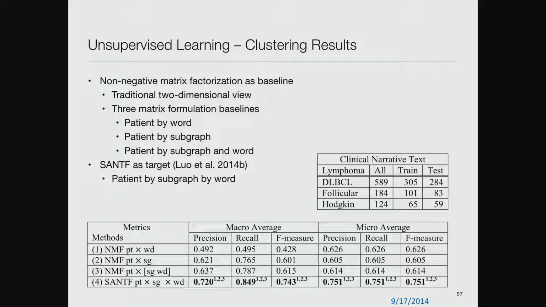So if you look at his technique, which he called SANTF, the precision and recall are about 0.72 and 0.85 for macro average and 0.75 for micro average, which is much better than the non-negative matrix factorization results, which only use patient by word or patient by subgraph, or in fact, one where you simply do patient and concatenate the subgraphs and the words in one dimension. So that means that this is actually taking advantage of the three-way relationship.